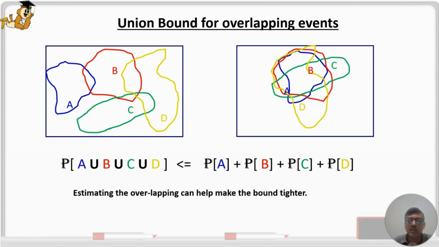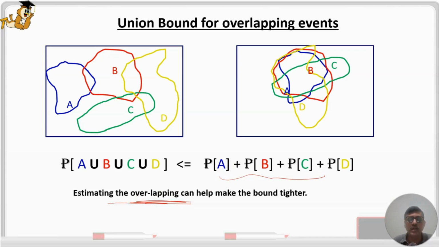Estimating the overlapping can help make the bound tighter. Now, you know that this bound would become more and more loose if there was a level of overlap between the events, and therefore if you can estimate the amount of overlap, perhaps you can do something to tighten the bound.